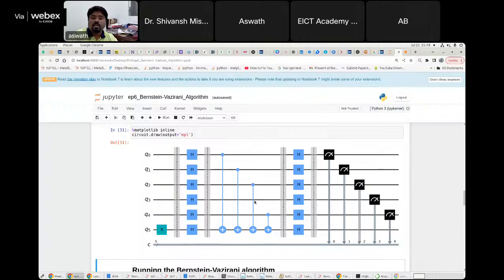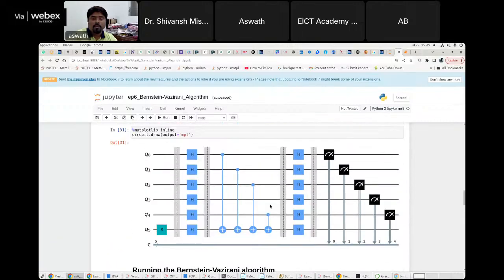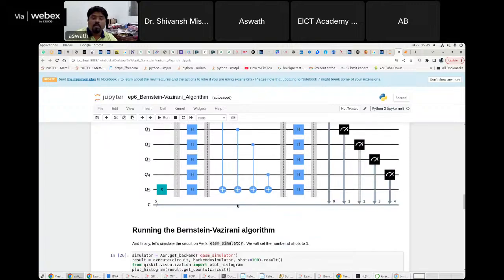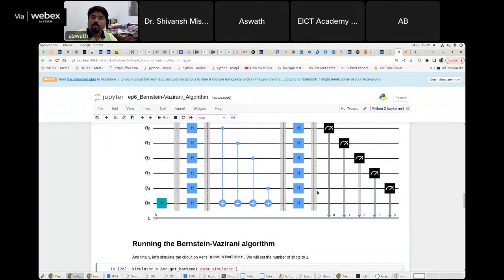There is a 0 here corresponding to Q3, meaning the 4th bit, counting from the right. The 4th bit is 0, so the C naught is not coming there. So that is what your U_f unitary function is, many C naughts. Now you make the measurement and run the count.